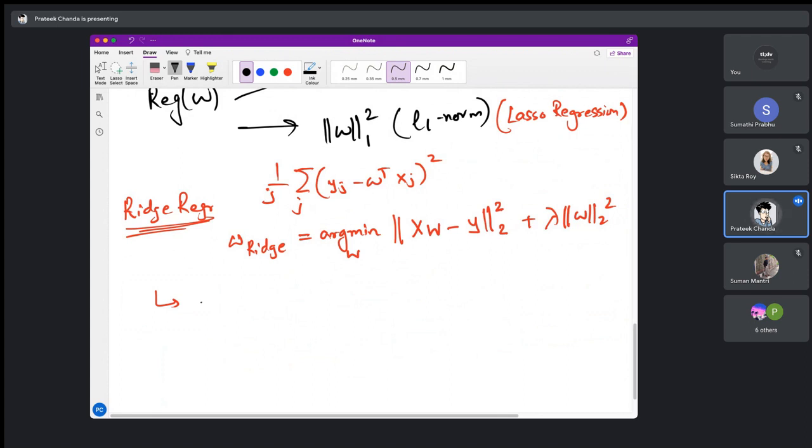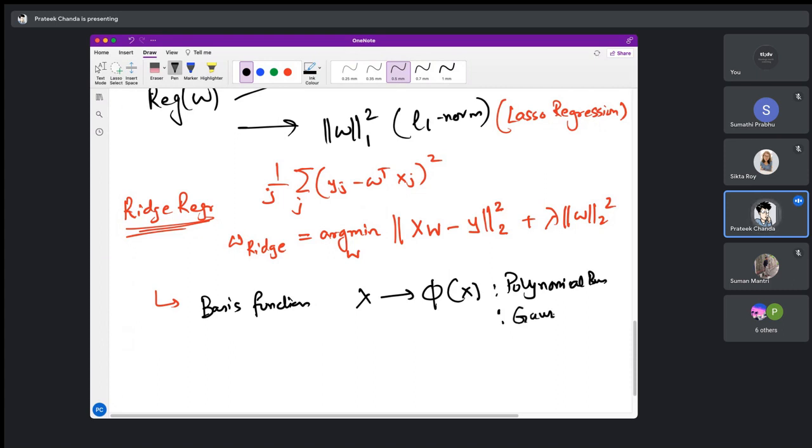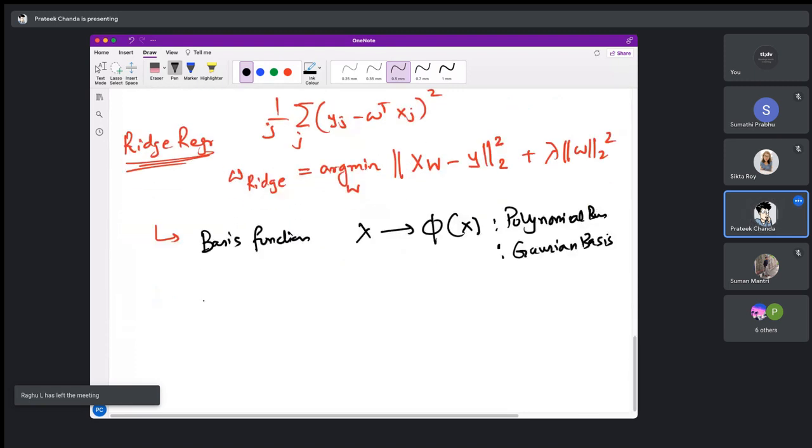Remember we discussed basis functions, where instead of x we transformed it to some phi of x, with phi being some function, like the polynomial basis and the Gaussian basis. You can find those in the previous lecture slides or videos.